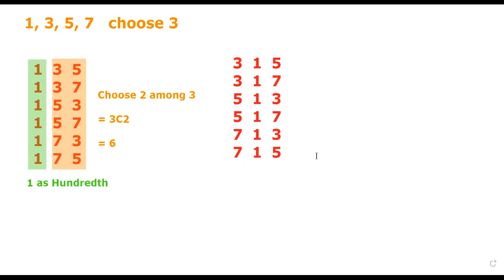Again, these are all the possible ways for each to have 1 as its 10th digit. Again, it has 6 different ways, as shown on our left-hand side.